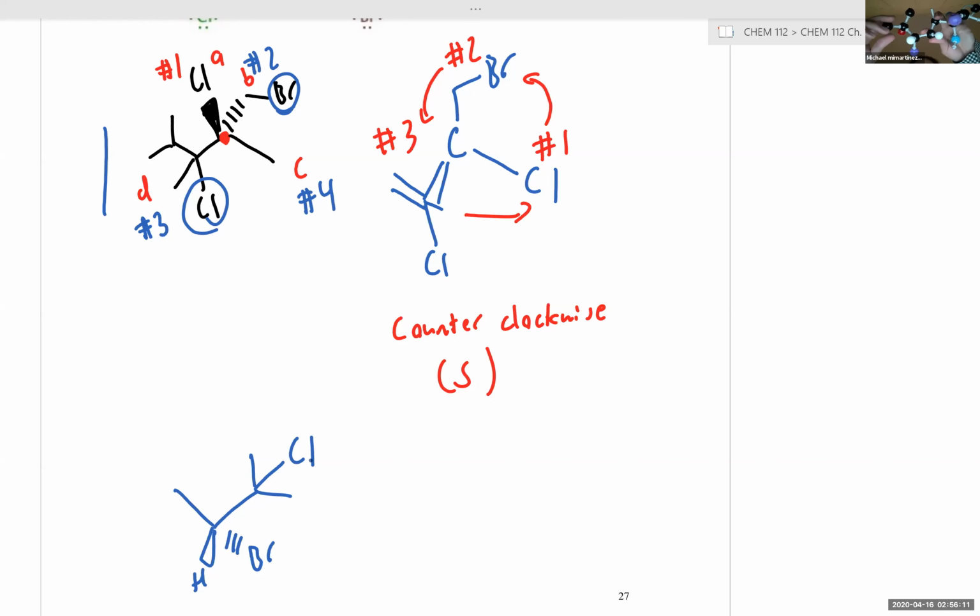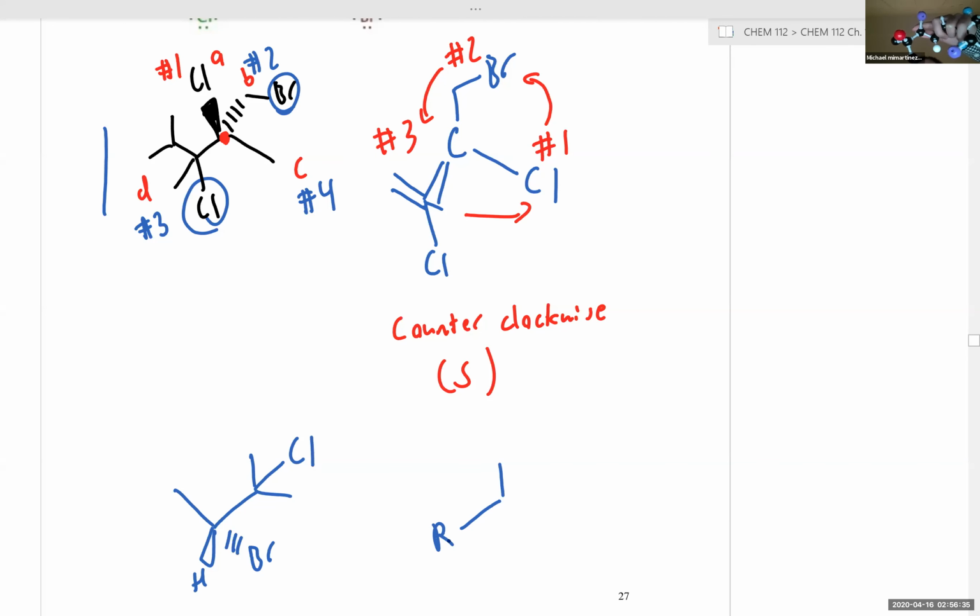Currently our hydrogen is going out of the page. We want our hydrogen to be going into the page. So all we do is we rotate our substituents, and now our hydrogen is into the page, and we just draw what we see after rotation.